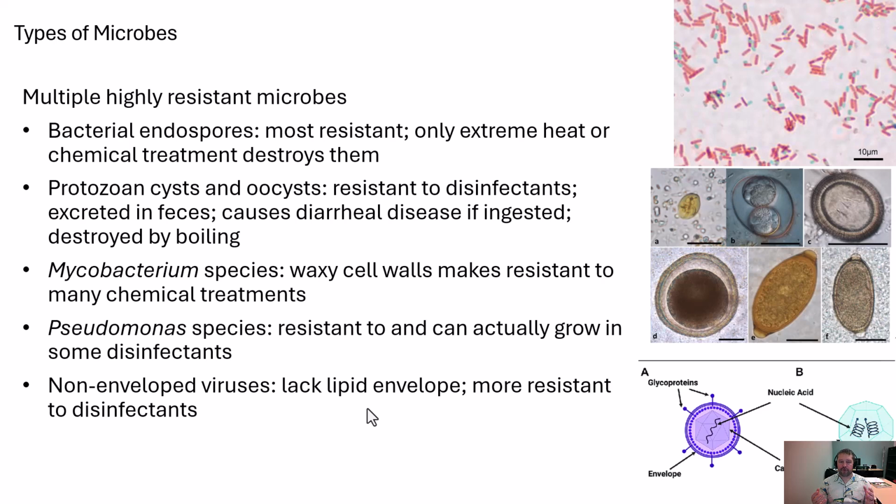But you have these viruses that lack that envelope, and you would think, well, maybe they're easier to get rid of, but a lot of our disinfectants react to lipids or tend to break or cleave lipids and cause the material to leak out, or allow things to enter and desiccate the living, or in this case, because we're talking about viruses, the non-living material. That's how a lot of our disinfectants work.